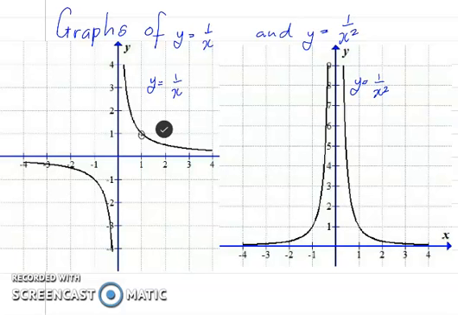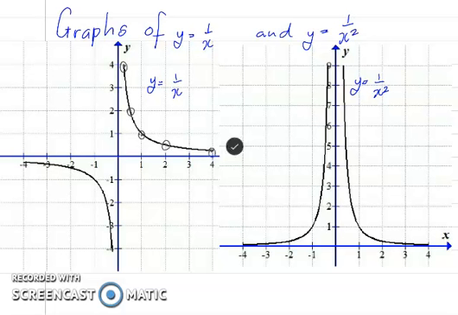When x is 2, y would be 1 over 2, which is a half. When x is a half, y would be equal to 1 over a half, which is 2. When x is a quarter, y would be 1 over a quarter, which is 4. Sorry, when x is 4, y would be 1 quarter.